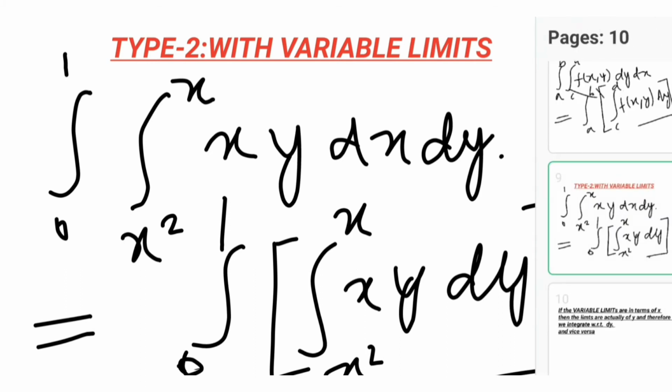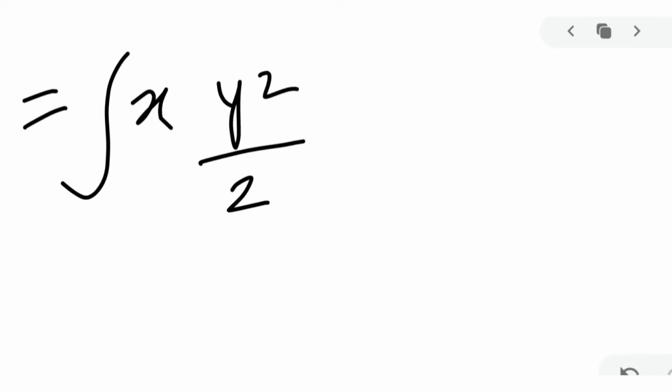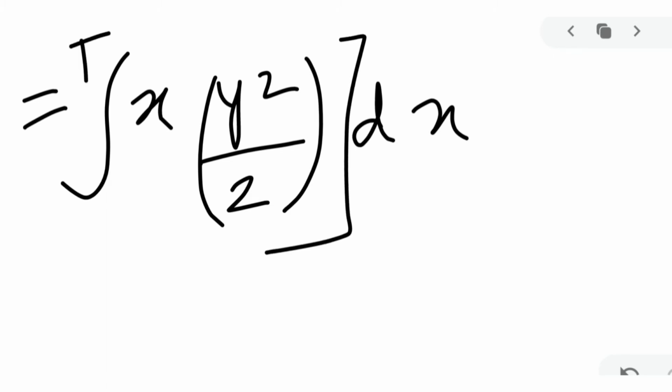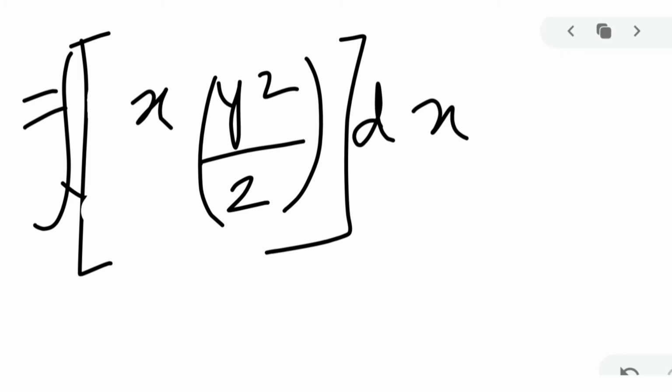Okay. Then if we integrate, it comes to be x y square by 2. Since we are integrating with respect to dy, therefore x we are considering as constant. Zero to 1, and here x square to x.